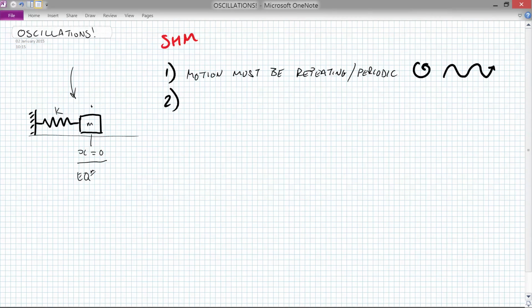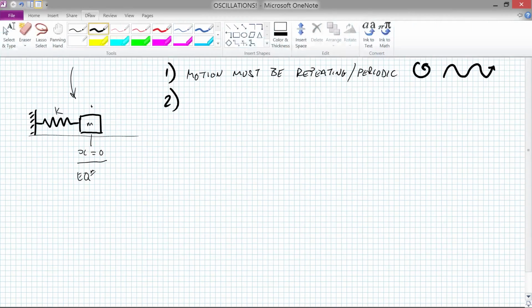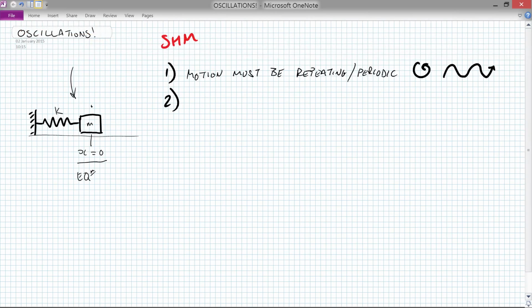The second rule, number 2, more important rule, and this is the thing that gets asked most often, is that my acceleration a at any given point for the mass is proportional to x, and it points in the opposite direction. So if we consider some time later, my mass might have moved over here, so there's my spring.